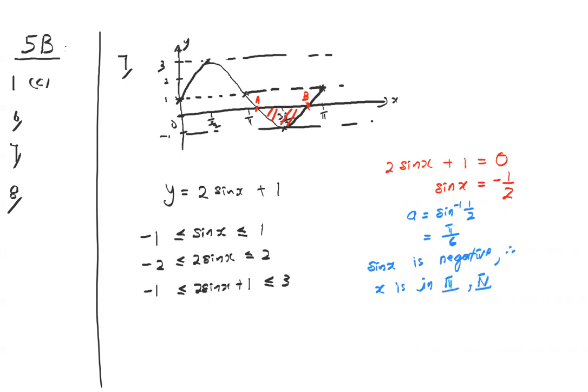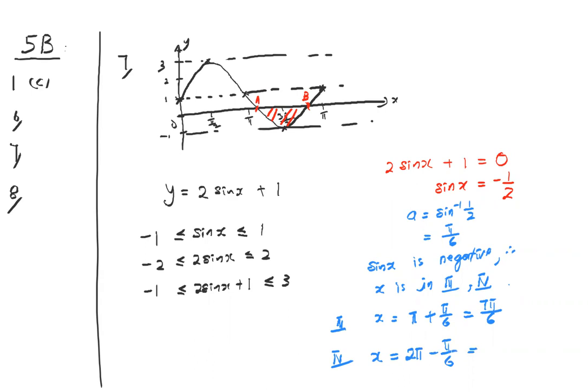Correct? So all this you work in your mind. So therefore, if it's in third quadrant, it will be pi plus acute angle. So that is 7 pi by 6. If it's in fourth quadrant, then your x will be 2 pi minus pi by 6.